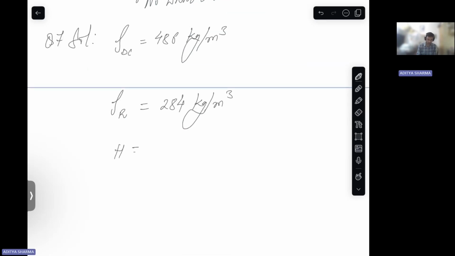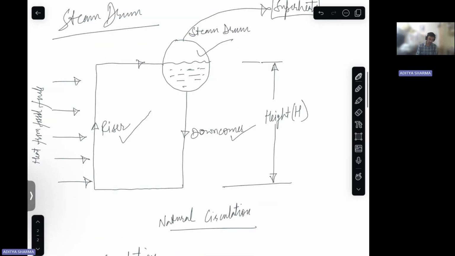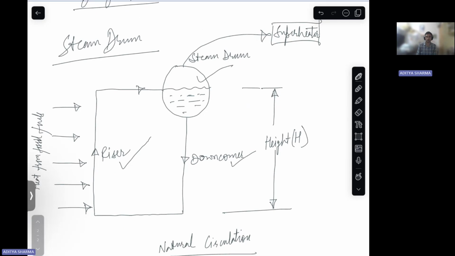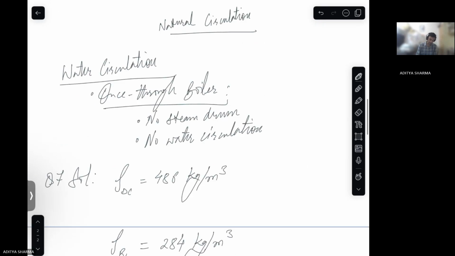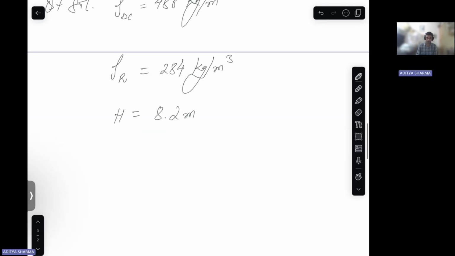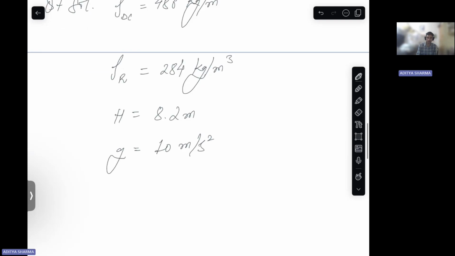Then height has been given as 8.2 meters. So I hope this is clear that we are talking about this case, right? About this figure. Then three things have been given. Fourth is acceleration due to gravity, which has been given as this.